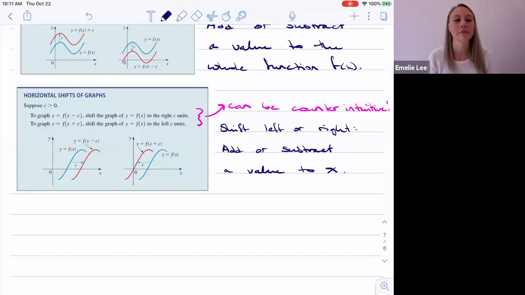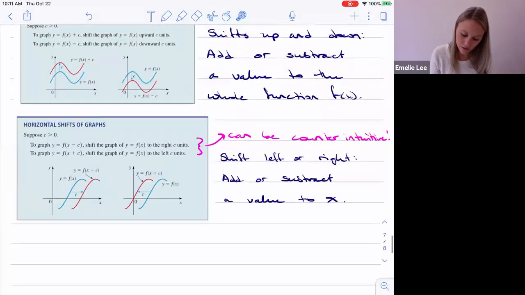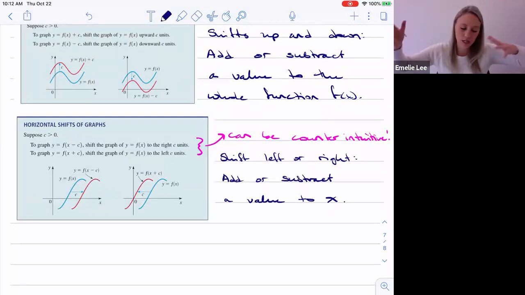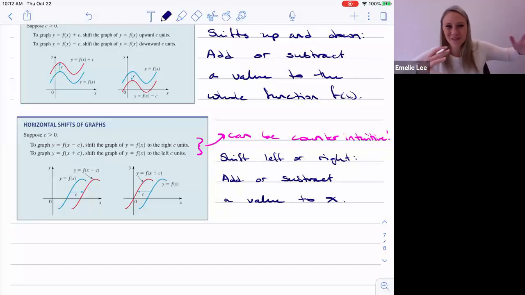So x on its own, not f of x. Notice the difference here. Okay, so far so good? Horizontal shifts, vertical shifts. I did those backwards. Horizontal shifts, vertical shifts.